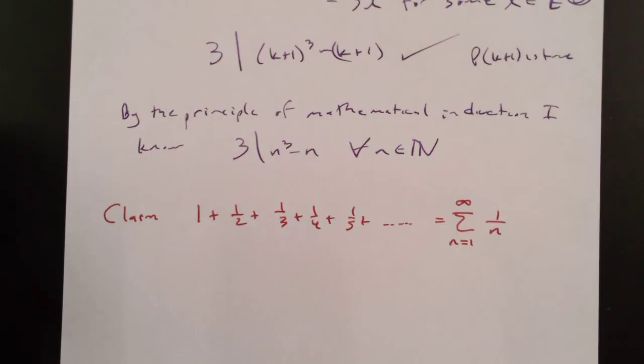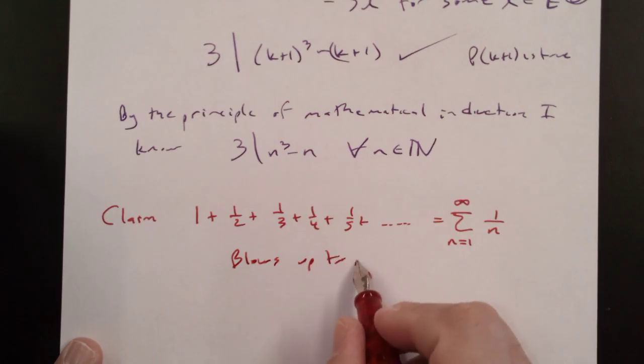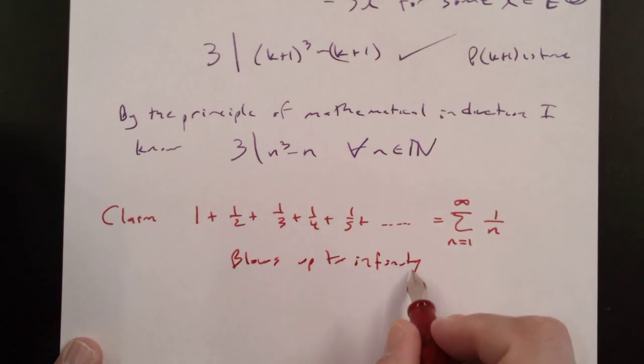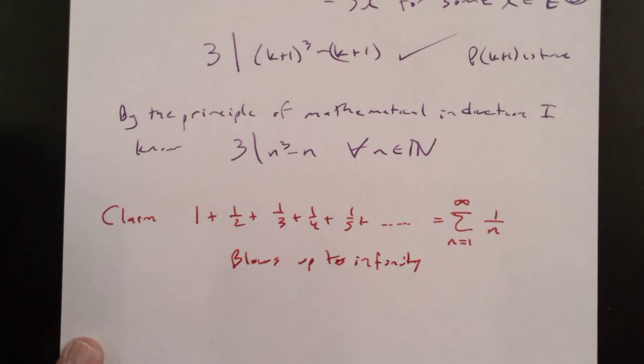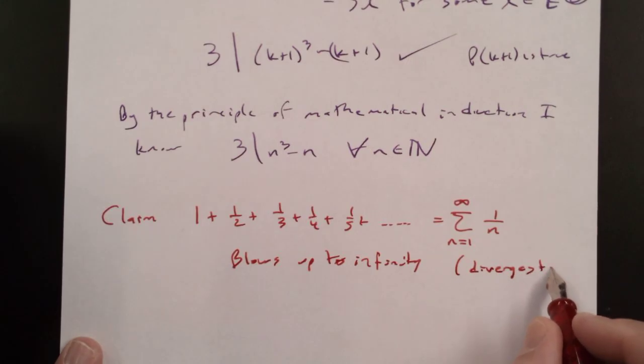If I take 1 plus a half plus a third plus a fourth plus a fifth, and I keep going forever, this goes off to infinity. This sum does not add up to a finite value. In calculus speak, we say that this sum diverges to infinity.